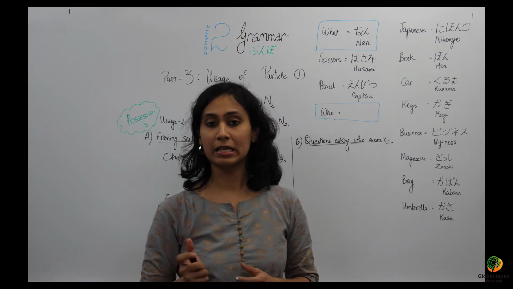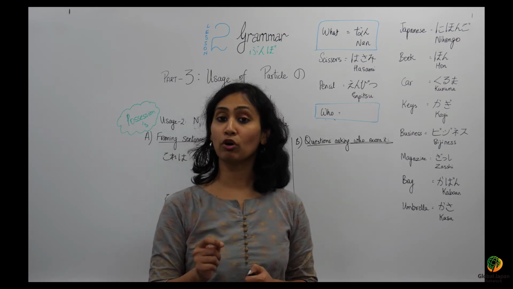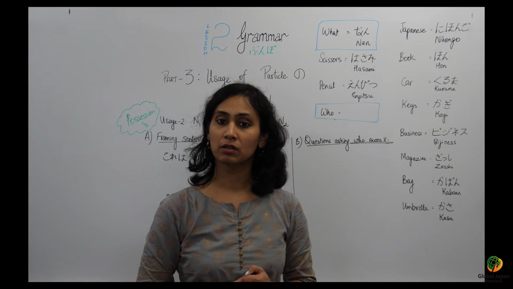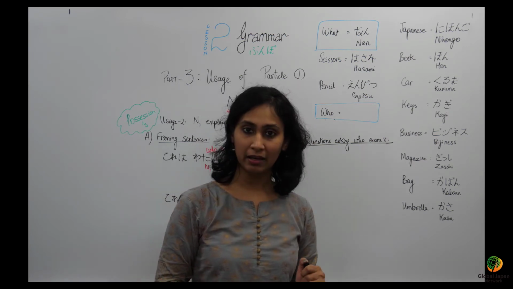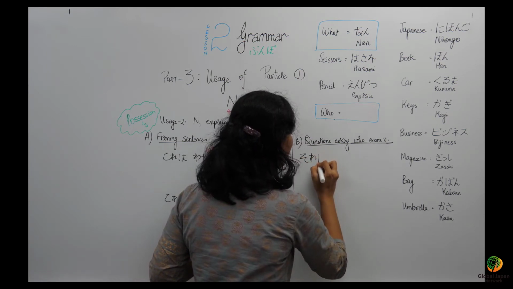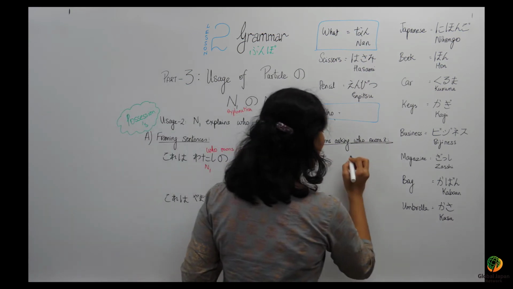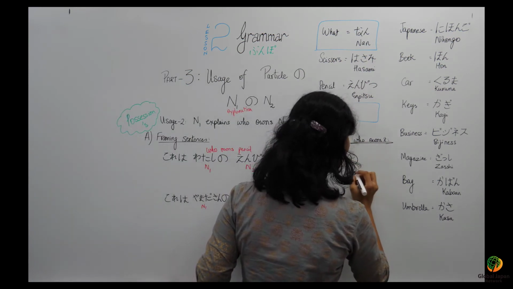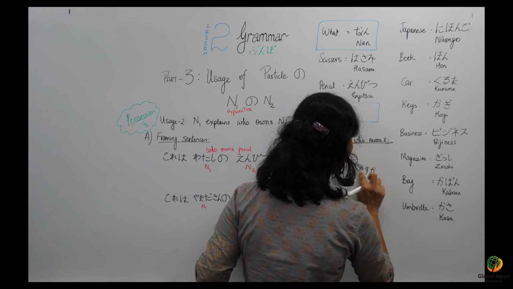First of all, what is the demonstrative word that you will use? You are pointing out an object which is in my hand. Hence, sore. Sore wa, dash no dash desu ka. This will be the question.